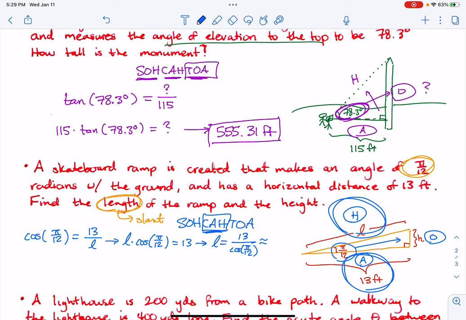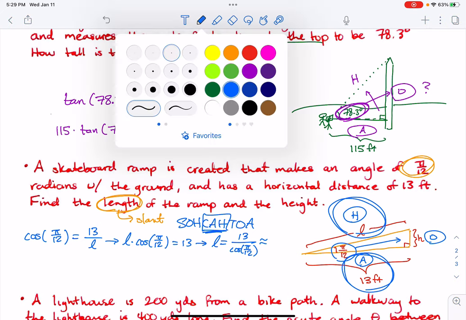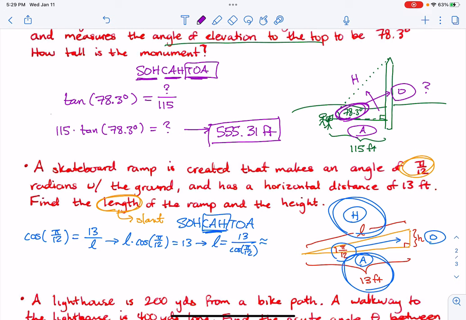Let me also set up H as well. So I'm going to save all the calculator stuff for the end. I'm just going to simplify as much as I can. Let's do this in a different color. The H is my opposite side. And I'm going to go ahead and use my adjacent again, right? Because we know it's exactly 13 feet, which is good to work with, exact numbers instead of approximations. Well, that's my O and my A. That's the TOA part, right?